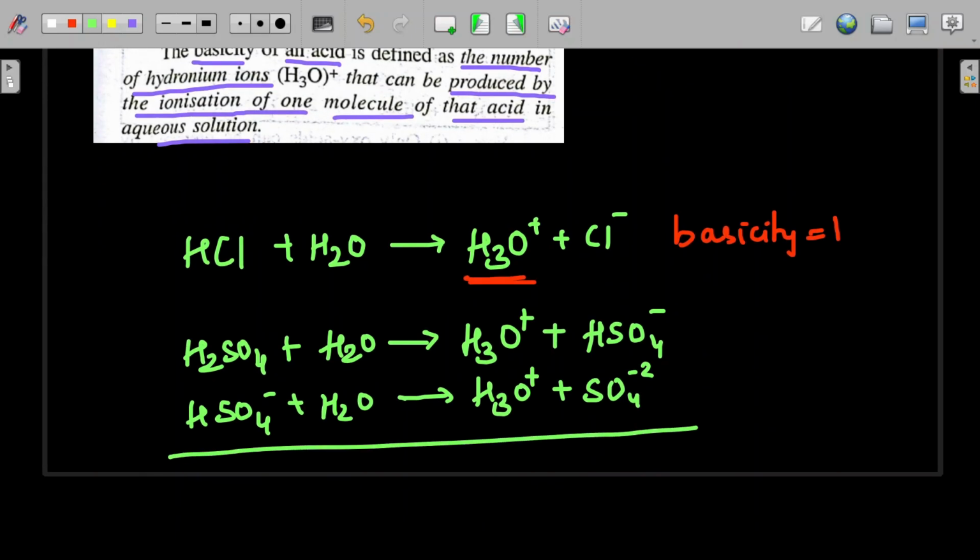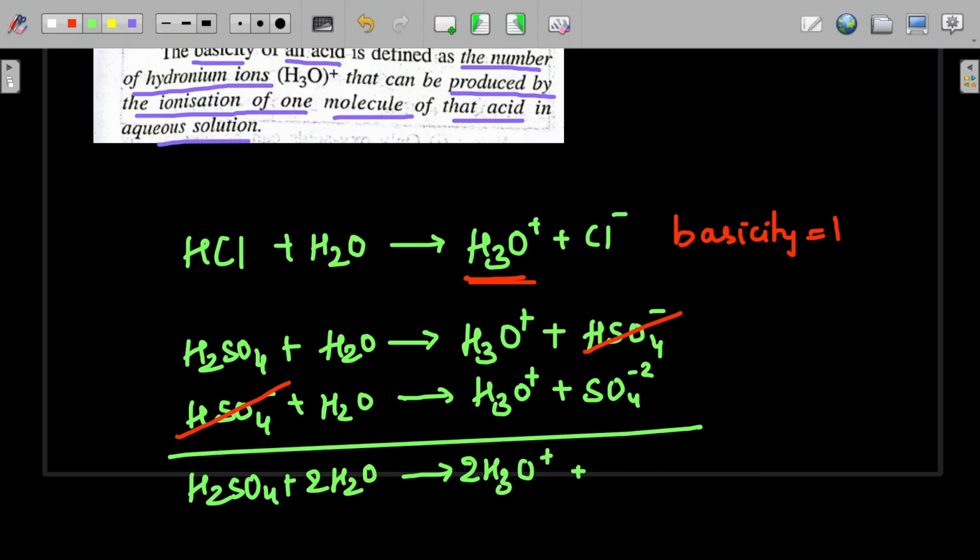But what we generally do, we don't write it step by step. We just show it in one simple step. See, this HSO4 minus is on the reactant side as well as the product side, so cancel it out. Now whatever is remaining: H2SO4 plus how many water molecules? 1 plus 1, 2. How many hydronium ions? 2, and a sulfate ion.